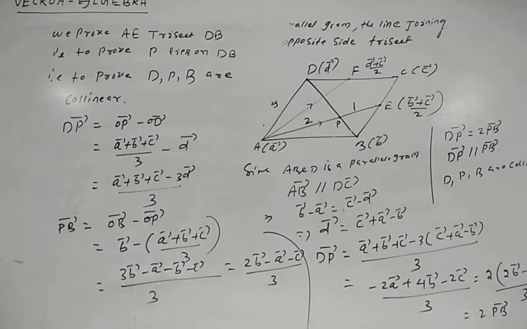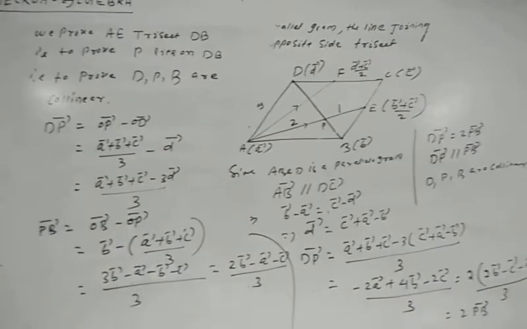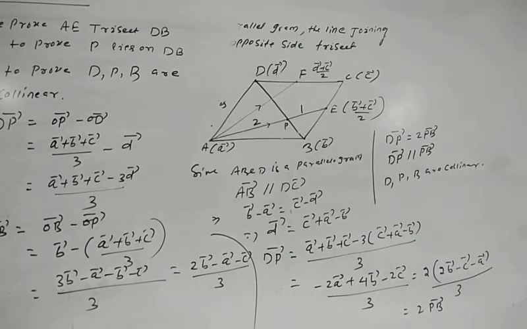Similarly, we prove that AF trisects DB. Therefore, the line segment joining a vertex to the midpoint of the opposite side trisects the other diagonal. So the proof is complete.